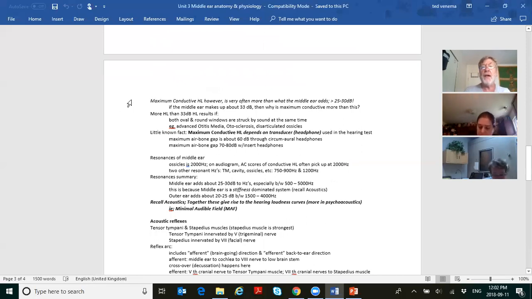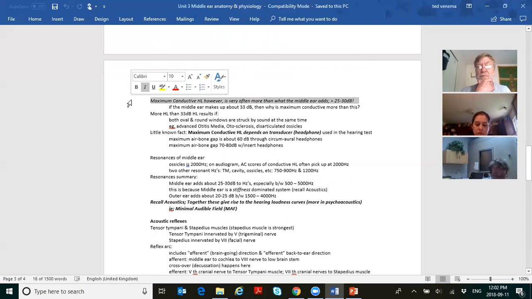Okay, now, if you take a child, one would think, so we've got that all straight here, one would think then that the biggest amount of hearing loss that you can have due to middle ear pathology would be about 30 to 35 dB, because that's what the middle ear adds.